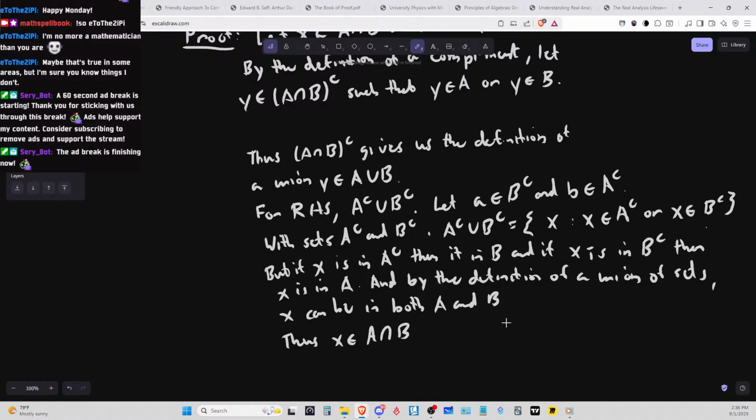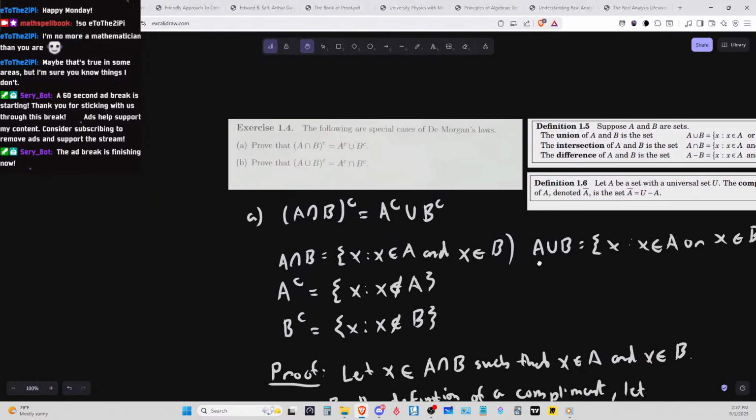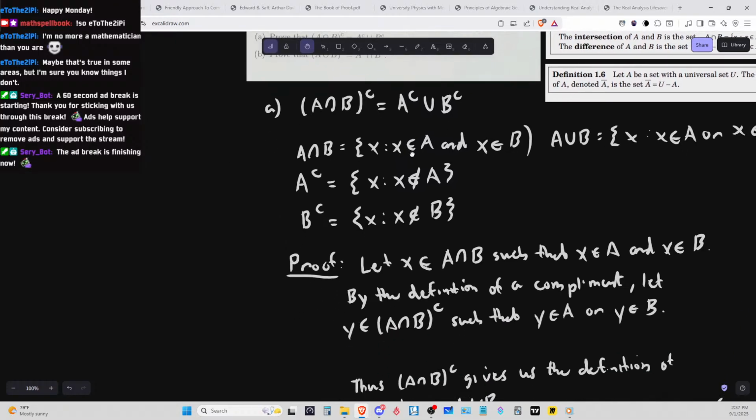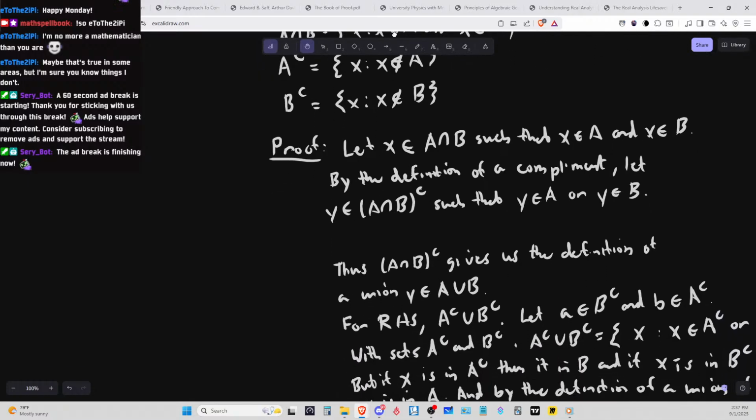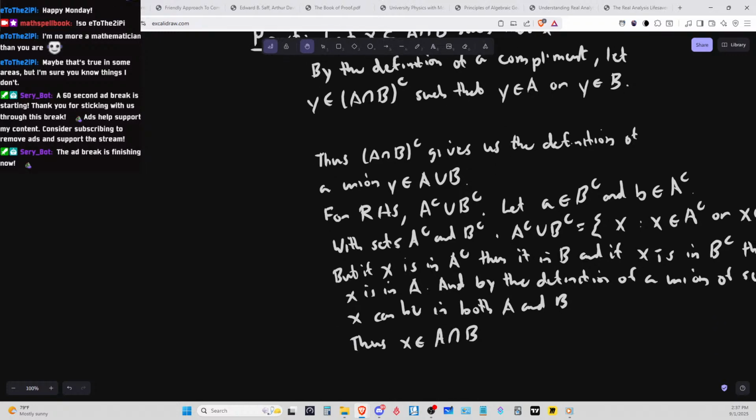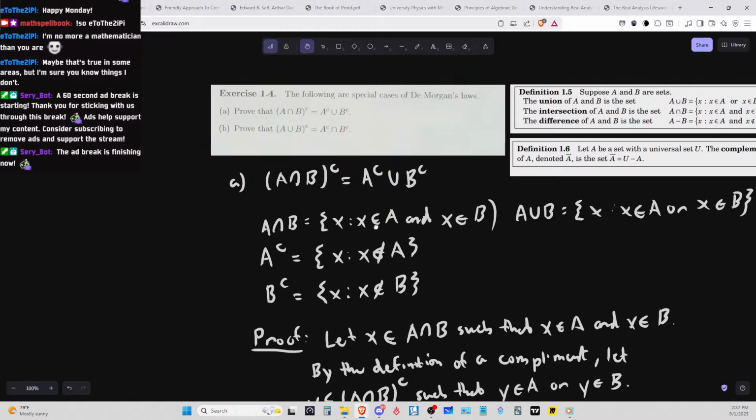Okay, but if x is in A complement, then it is in B, and if x is in B complement, then x is in A. And by definition of a union of sets, x can be in both A and B. Thus x is in the union of A and B. Because the way we prove this, it just feels like we proved it by the opposite standing, because it's basically about the complement, right?